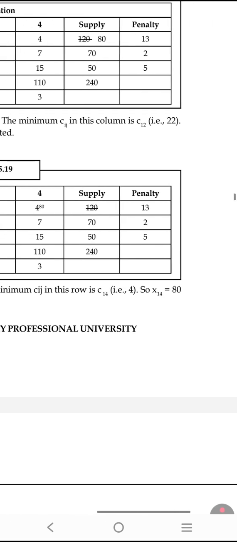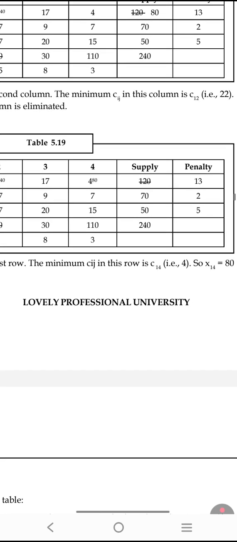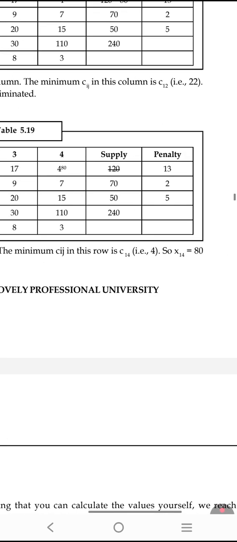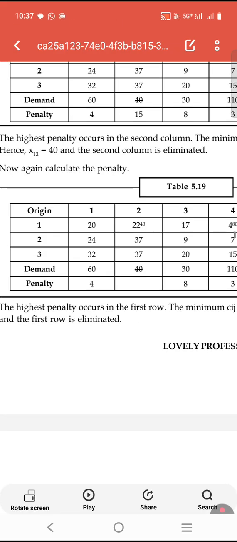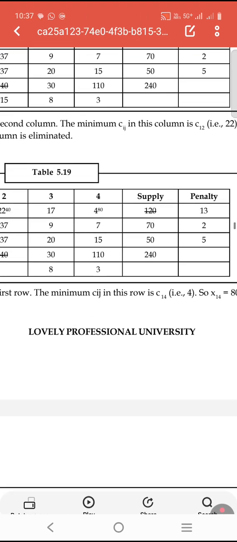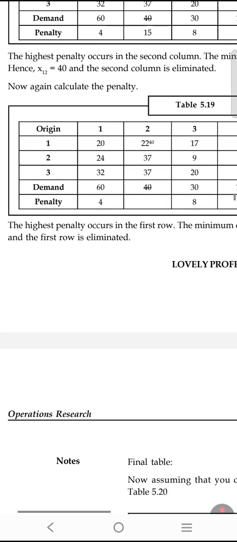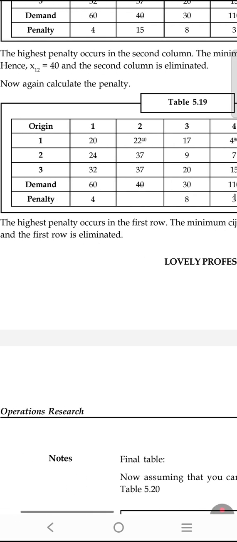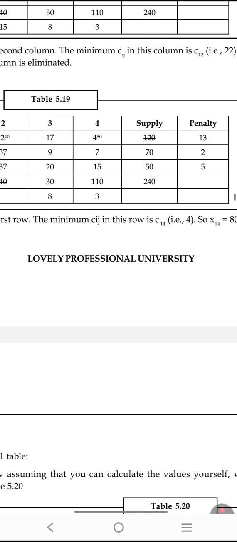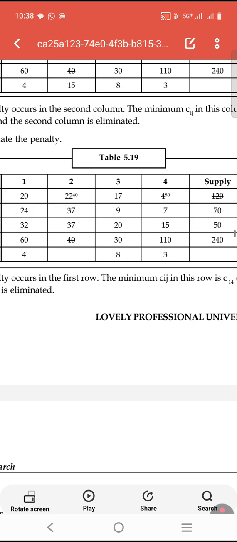Then we select the highest penalty, which is 13, in the first row.